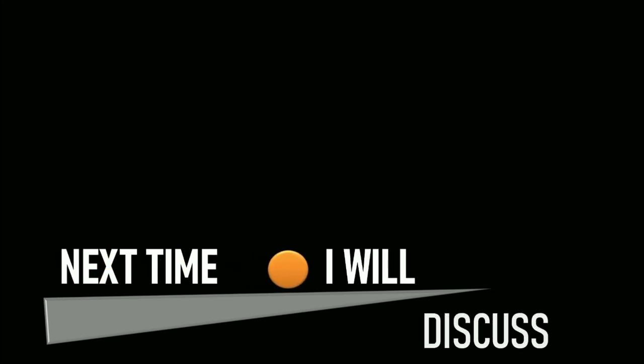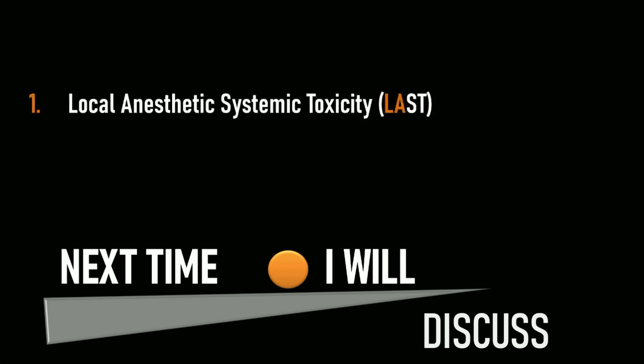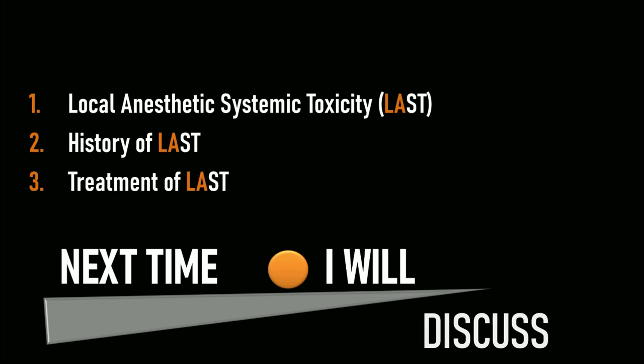In the next tutorial, I'm going to discuss one of the scariest things that any anesthesiologist will ever experience, and that's local anesthetic systemic toxicity, or LAST. I'm going to discuss the history of LAST from cocaine to bupivacaine and the treatment of local anesthetic systemic toxicity if it happens to you while you're doing a nerve block or you're in the operating room. I'll see you then, and I guarantee you'll learn something.